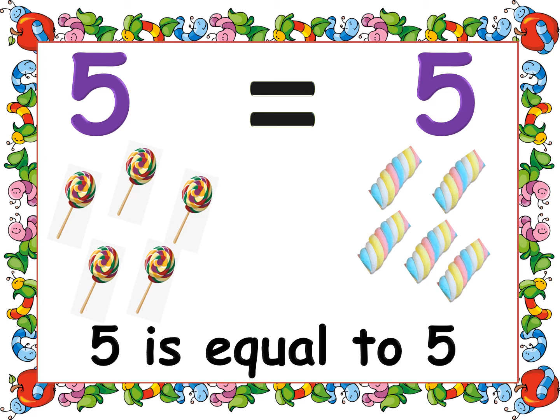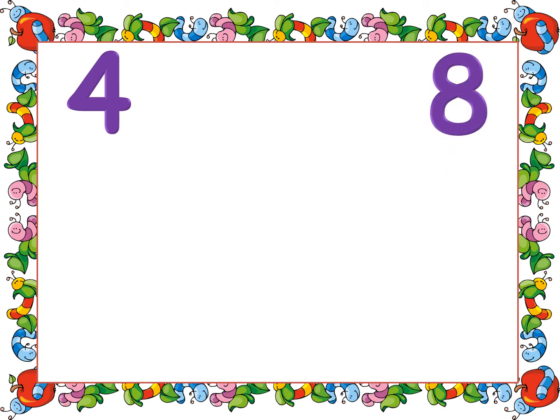Very good, children. Right, so we have the number 4 and the number 8. Remember, when you're not sure which number is greater, you can draw objects. So we are going to draw 4 cookies. 1, 2, 3, 4 cookies.